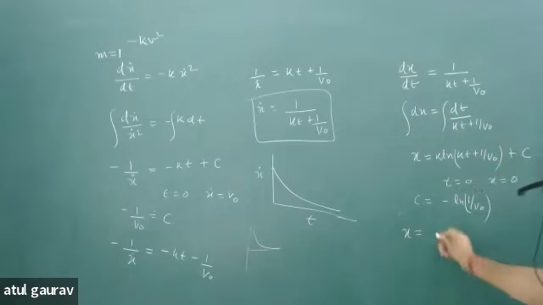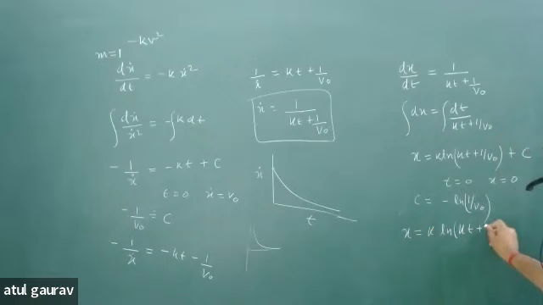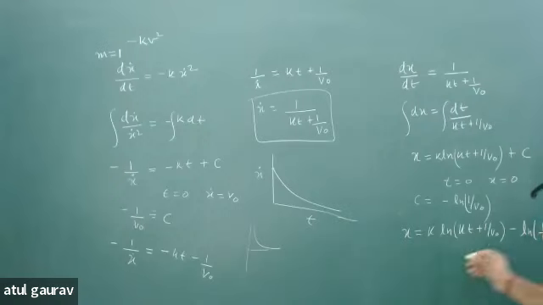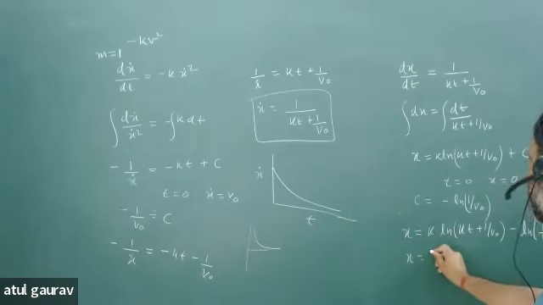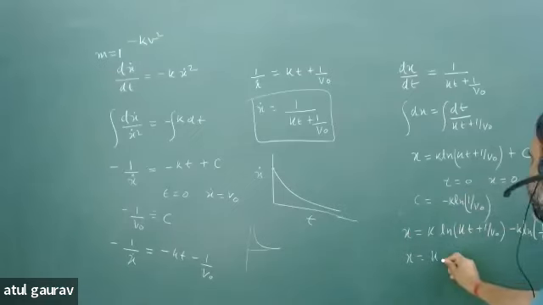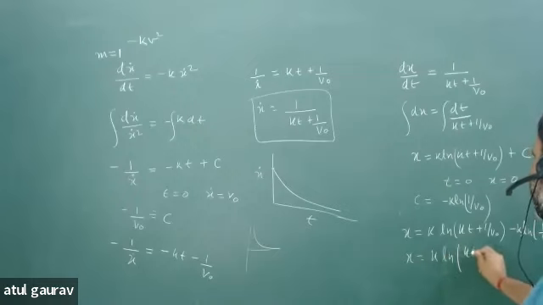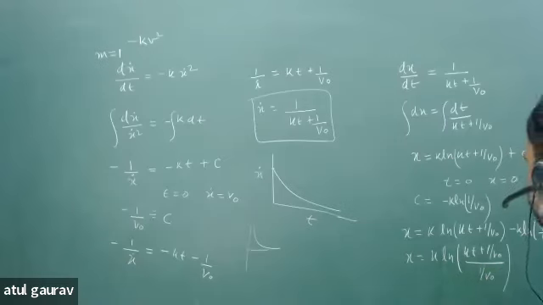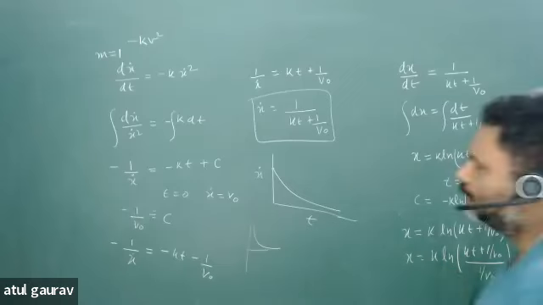Your x is equal to (1/k) ln(kt plus 1 upon v naught) minus (1/k) ln 1 upon v naught, and k will also be there. So you have x is equal to (1/k) ln of (kt plus 1 upon v naught) upon (1 upon v naught). Isn't it? This type of solution is there.